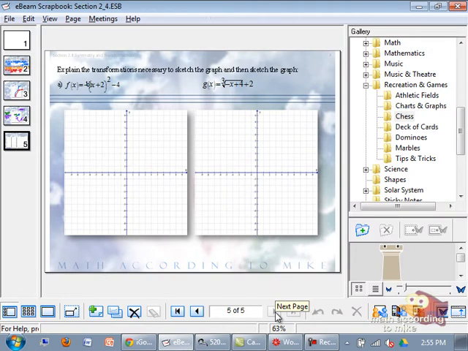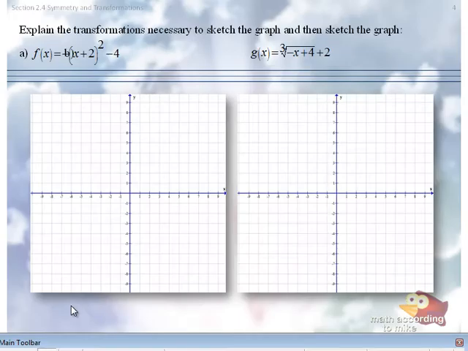There's a slight typo. I didn't realize that the b moved over. What are you going to do? So f of x should say negative quantity x plus 2 squared minus 4. And the b should be over here. Yeah, see how the b parentheses moved over?